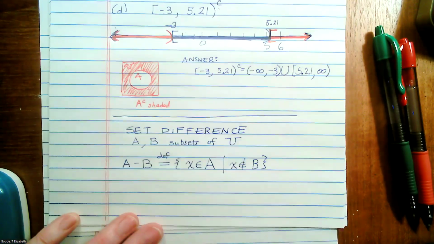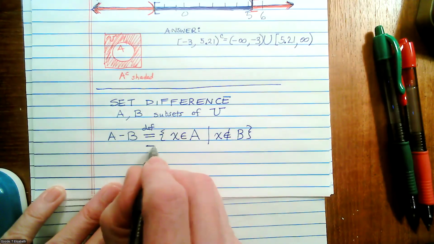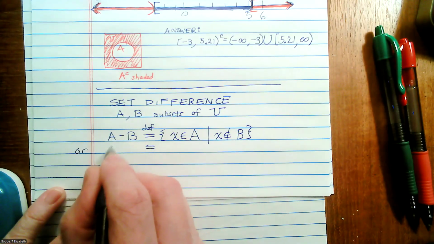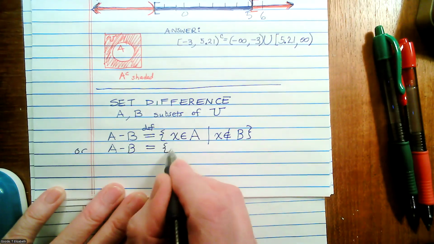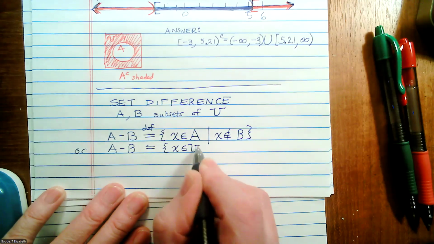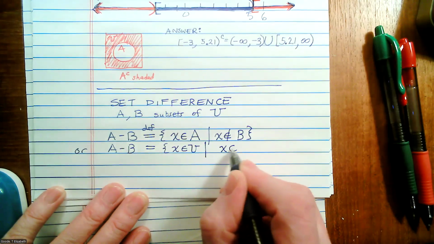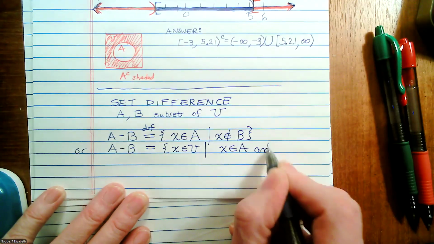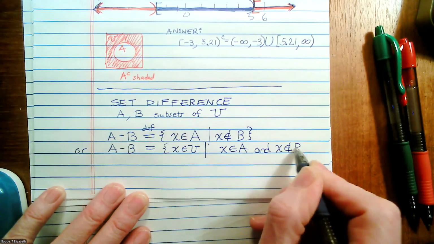So I can hear Jonathan thinking right now. Or you could define it as x is in the universe such that x is in A and x is not in B.